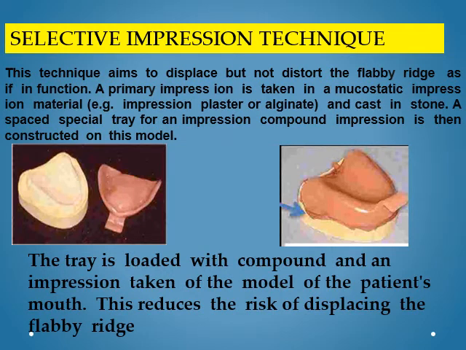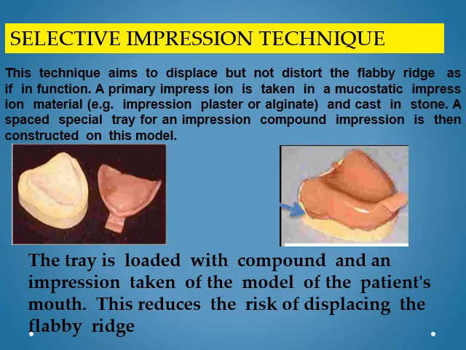The technique aims to displace but not distort the flabby ridge, as if in function. The primary impression is taken in a mucostatic impression material, impression plaster or alginate, the cast is poured in stone, and a special tray for an impression compound impression is then constructed on this model.